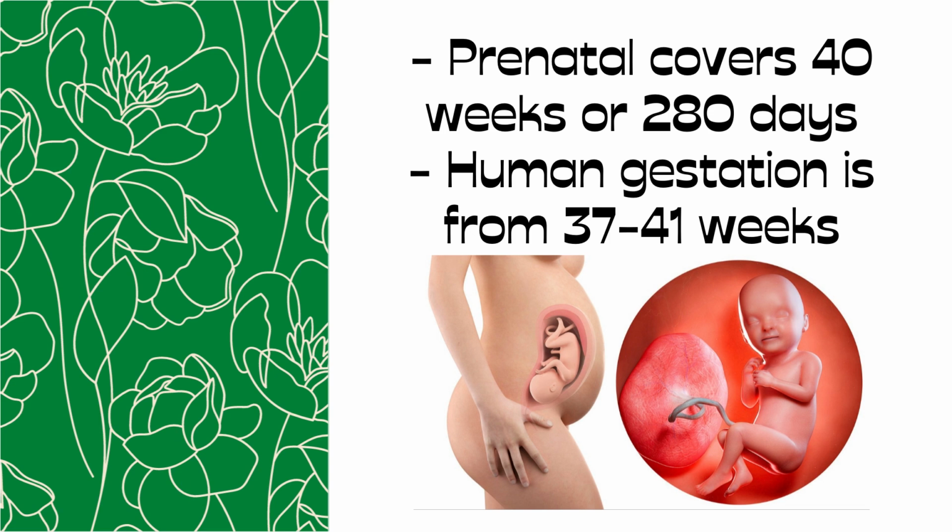The prenatal stage typically covers 40 weeks or 280 days, including the additional 2 weeks to account for the last menstrual period and ovulation. Hence, the average human gestation is from 37 to 41 weeks.